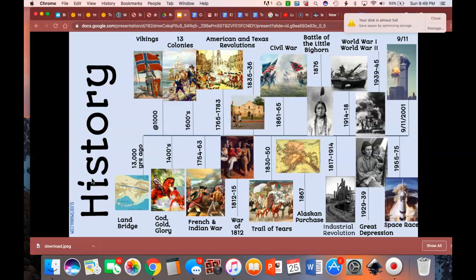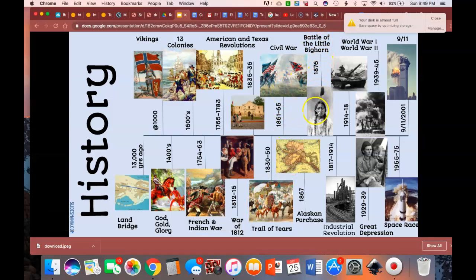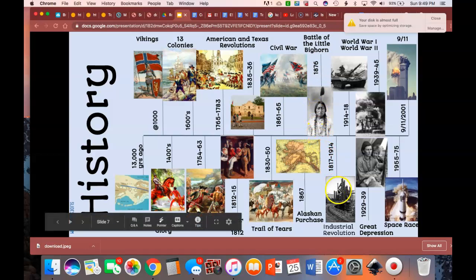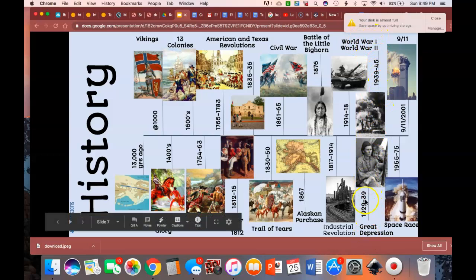And as you can see, the American and Texas Revolution, the War of 1812, the Trail of Tears, 1830-1850, the Civil War, 61 to 65, the Battle of Little Bighorn, Industrial Revolution, World War I, 1939 to 45, World War II, the Great Depression, 1929 to 1939, and then we have the space race and the Twin Towers, 9/11.